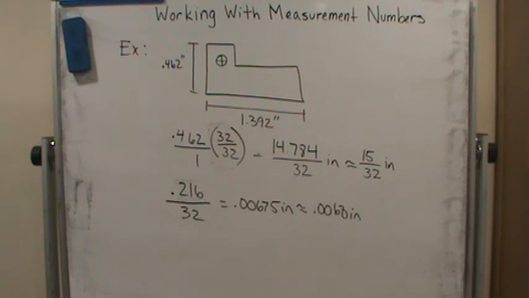And so that's the error that's involved. The error involved in using 15/32 of an inch instead of 0.462 inches is about 68/10,000ths of an inch. Now, in problems usually like this, we round to the nearest 10,000th. Just keep that in mind.